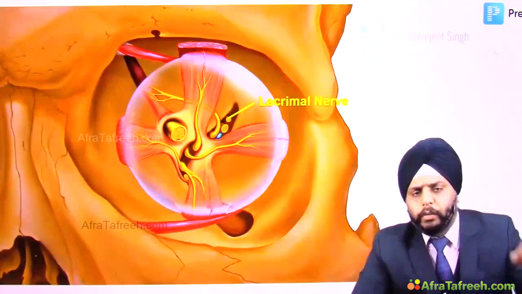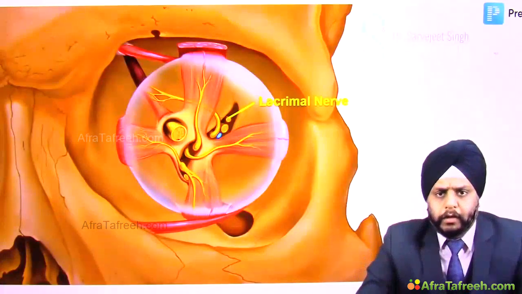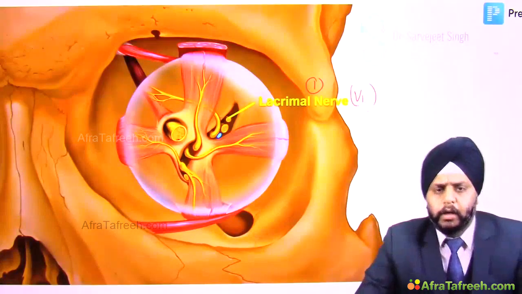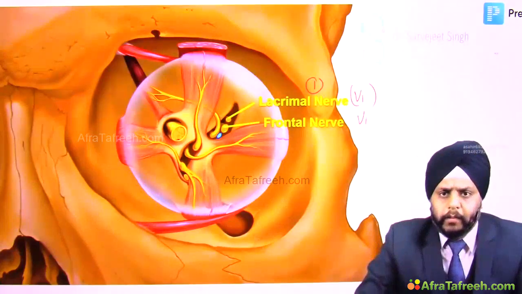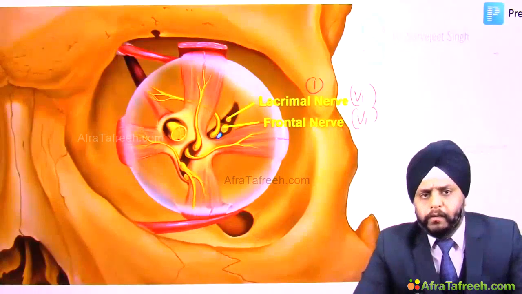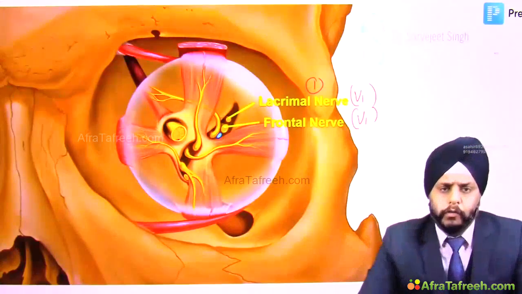Let's see what structures are coming out of the superior orbital fissure. The first structure is the lacrimal nerve, that is a branch of V1. Number 2, the frontal nerve, again a branch of V1.